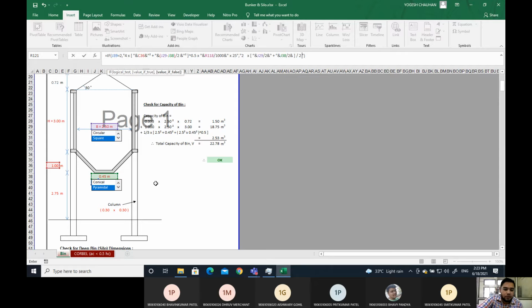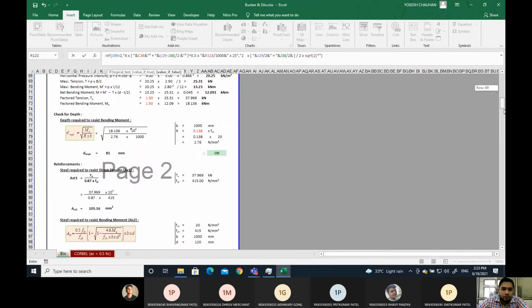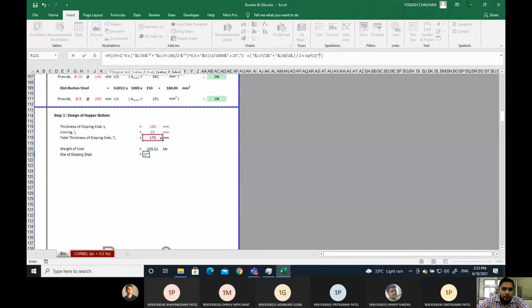Now this is to be multiplied by the sloping thickness, this thickness. So this thickness will be root 2 times, will be square root 2 times the thickness 175.